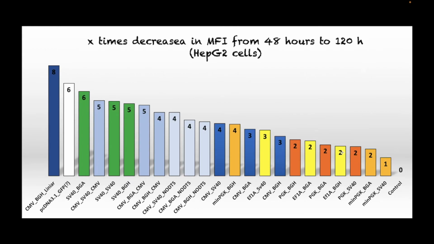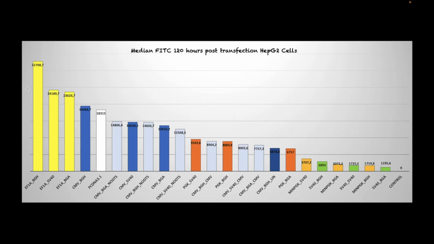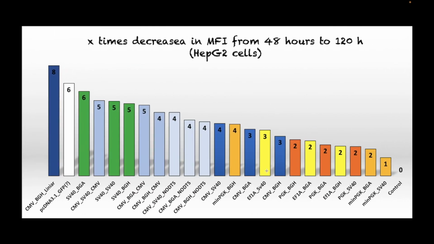So my best expressing plasmid, which remember is right here, the EF1A-BGH, also had the smallest decrease in percentage. So the median fluorescence intensity only decreased 2 times, as opposed to pcDNA, for example, that decreased 6 times.